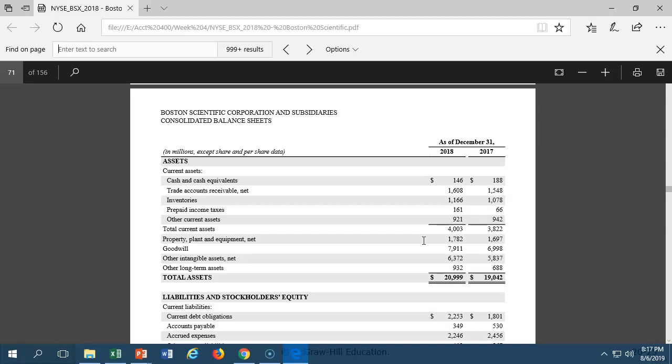Sales price, 1 million. We received cash of 500,000. Note receivable, 500,000.